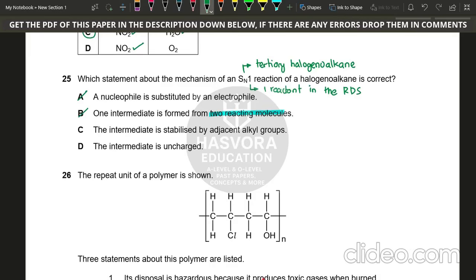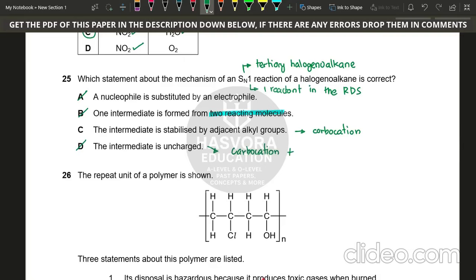Now C says the intermediate is stabilized by the adjacent alkyl groups. This is correct, because it forms a carbocation, and that carbocation is actually stabilized by the positive inductive effect of the alkyl groups. Then D says the intermediate is uncharged. This is also incorrect, because we have a carbocation and it has a plus charge.